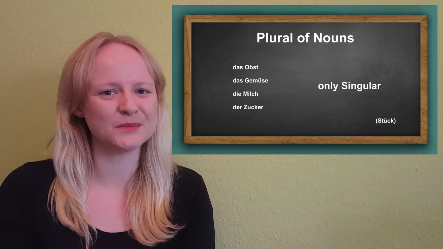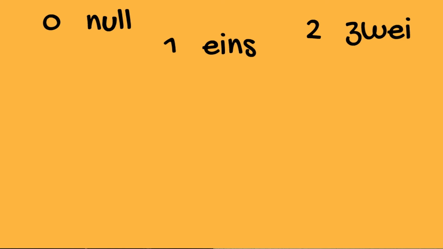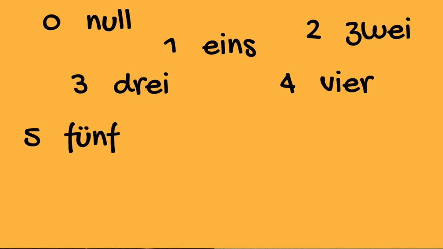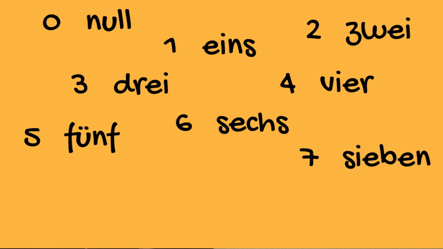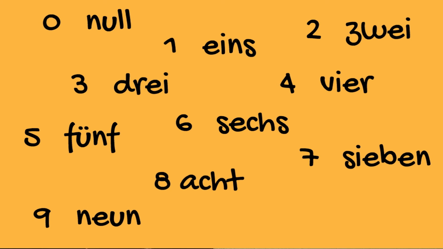This is actually a good timing to study some numbers in German as well. At least those from 0 to 10 for now, so you can really start counting things. Let's have a look. 0, 1, 2, 3, 4, 5, 6, 7, 8, 9, 10.